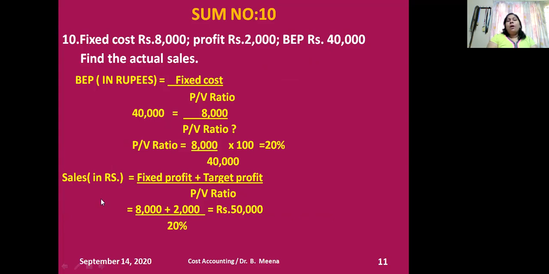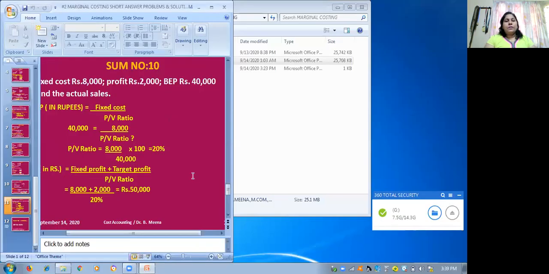As per the formula we discussed in the previous video, sales in rupees is equal to fixed profit plus, sorry, this is not fixed profit, it's fixed cost. One second. This is fixed cost.